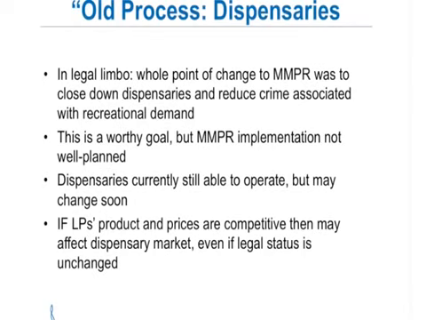So that's how the new process with the licensed producers is supposed to work. The old process, which is actually still ongoing, is with the dispensaries. And the whole idea with the new regulations, the MMPR, was that the dispensaries were supposed to close down. It was a worthy goal, but that hasn't happened. And the dispensaries are currently still allowed to operate.